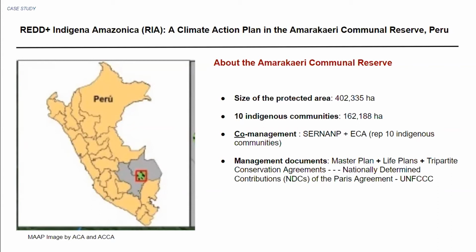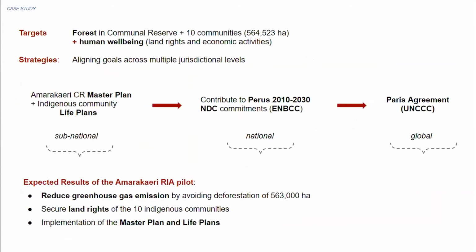And as with other protected areas, it has a master plan. The indigenous communities have life plans, and all these were then used to go from local to national and then global, through the Paris Agreement and those climate change commitments.